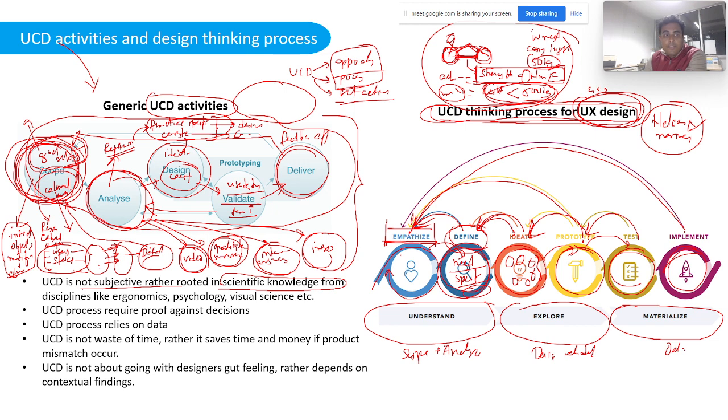So everything is scientific, it's not something subjective in nature. And this particular process requires proof for decisions. So for every decision making, whether you are talking about does that need exist, or does that particular solution work, or is that particular usability issue resolved, for everything we need to get proof in this particular process, and all this depends upon the data we generated.